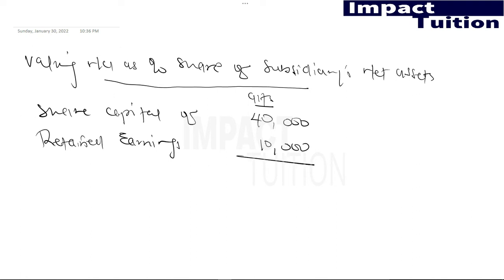So together the net assets at acquisition of the subsidiary totaled 50,000 Ghana cedis.